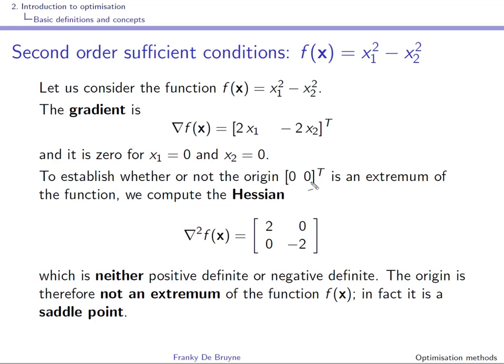So what we have to do is to evaluate the Hessian at the origin, and again this Hessian is independent of x1 and x2, and it is neither positive definite nor is it negative definite. So the origin is not an extremum. Extremum is a word for minimum or maximum. In fact, it is a saddle point.